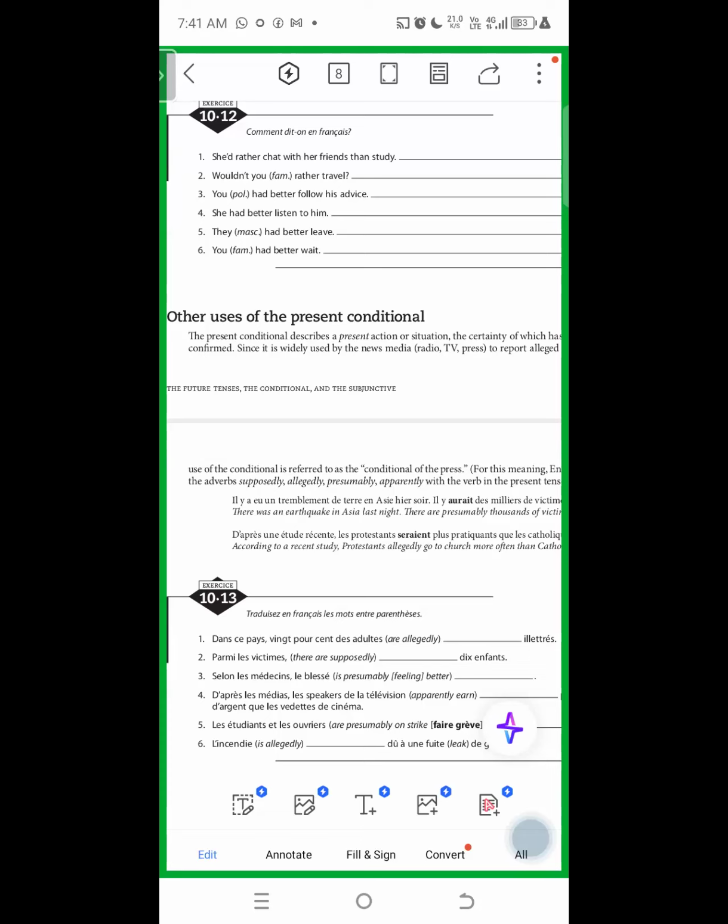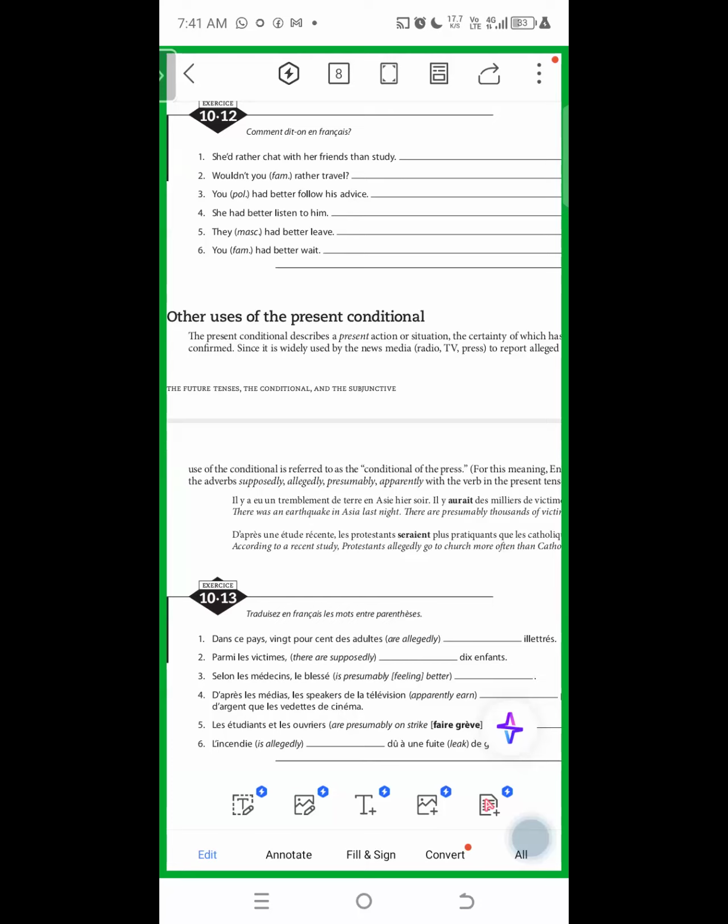They had better leave. Il ferait mieux, ils feraient mieux, F-E-R-A-I-E-N-T. Il ferait mieux de partir. Exactly.